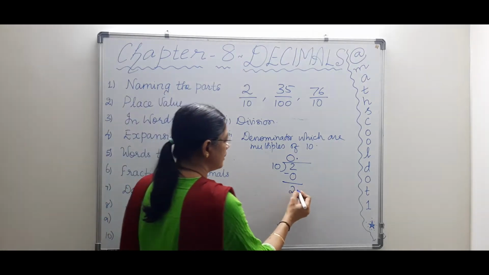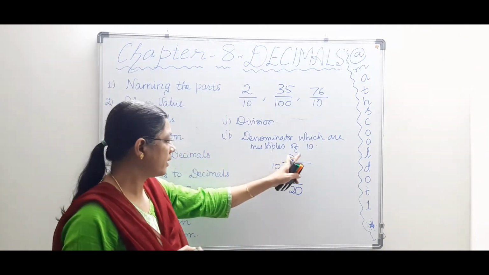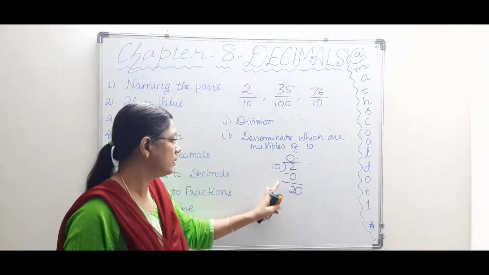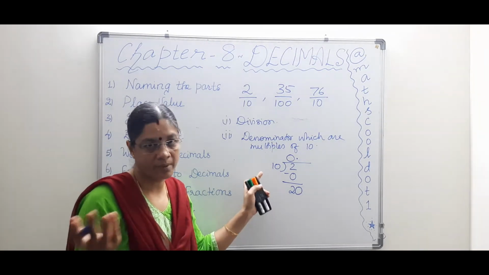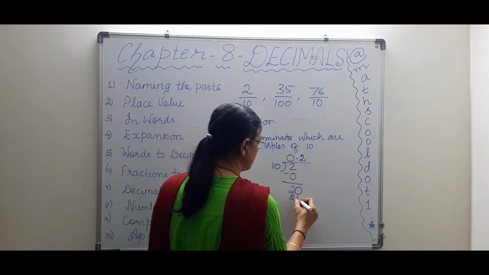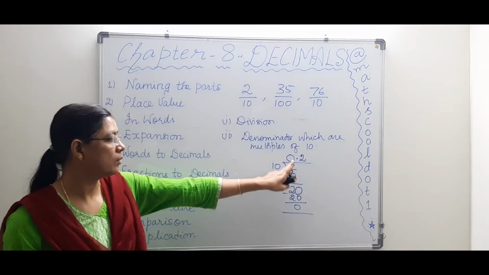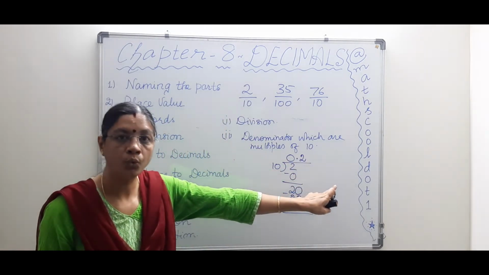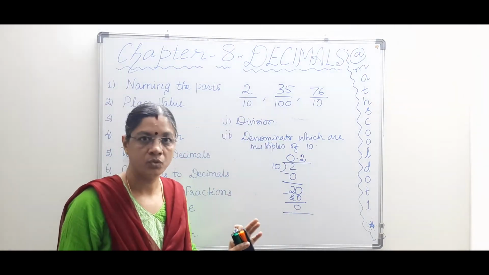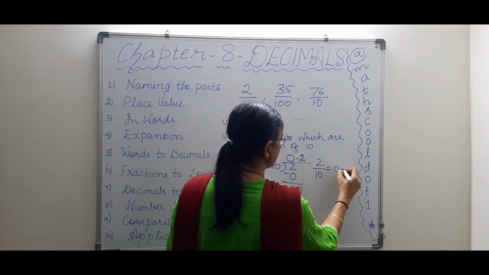Now I have put a point here, then I have added a 0 here. Now this 20 is divisible by 10, isn't it? So how many times? 2 times. 10 2s are 20, and we get a remainder 0. That's it. So 0.2 is the decimal equivalent for 2 by 10. That's all. This is as simple as it is.